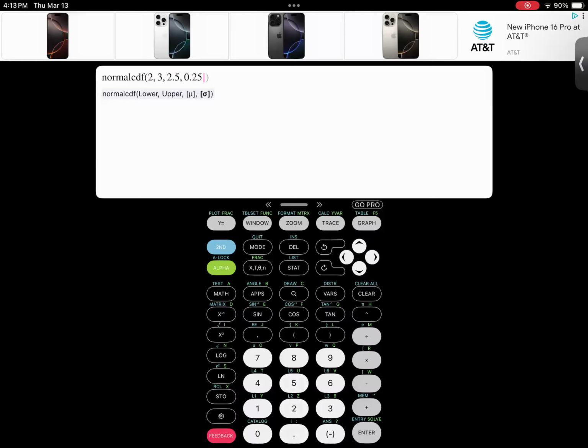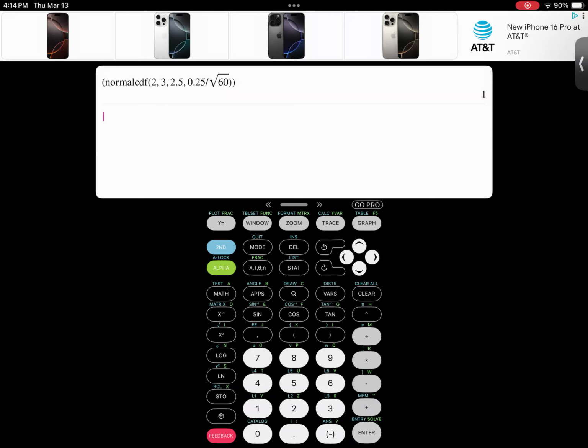Make sure to put divide, don't put multiply. Divide by square root, so second x squared, and you're going to have 60. The way to get out of that square root is to press the right arrow, and then close it up with a parentheses. Let's hit enter and get our value.